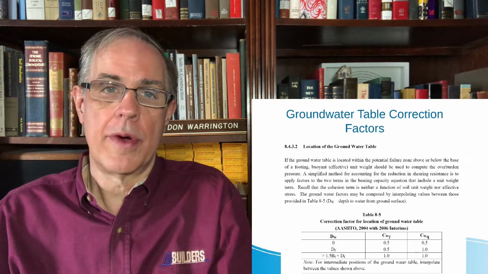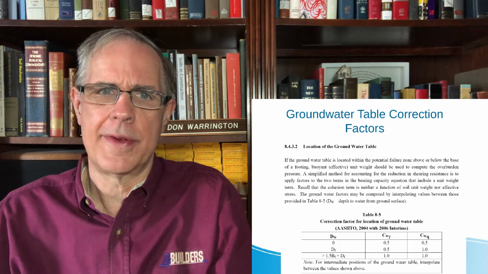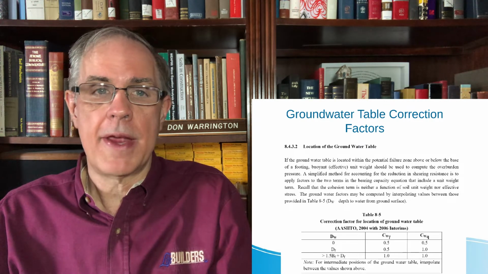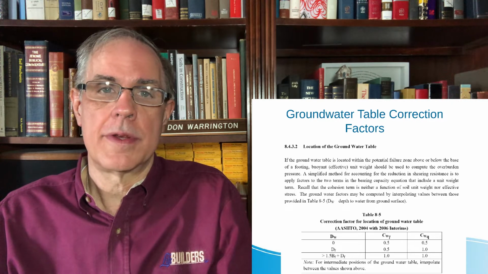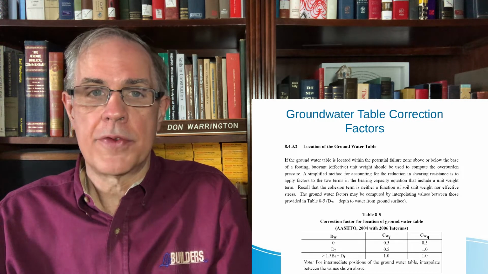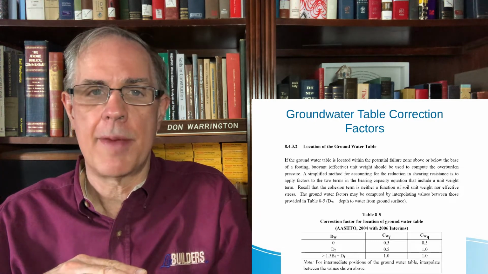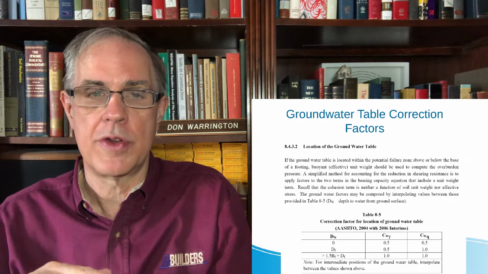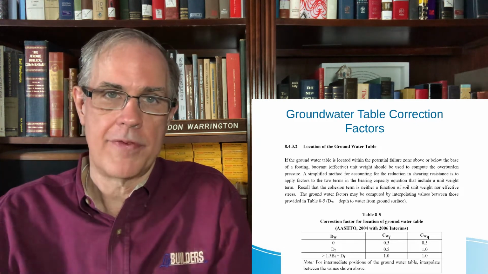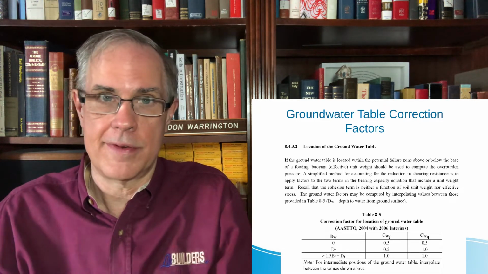For soils where the groundwater table is above the base of the foundation, which happens occasionally, it's not really the best thing to do, but it does happen, then basically we assume that the strength of the soil is cut in half. If the table is somewhere between the base of the foundation and about one and a half times under the base, where you figure the failure surface stops, then it depends upon how far up or down. You do a linear interpolation as given in the instructions.